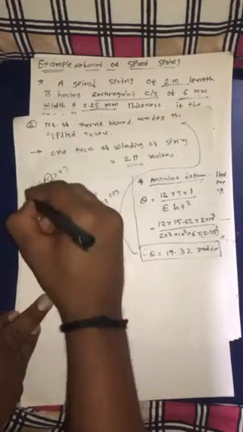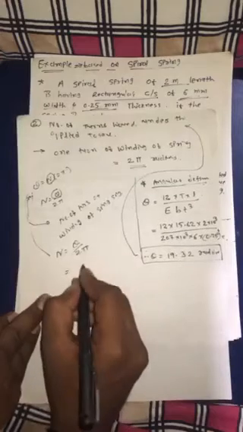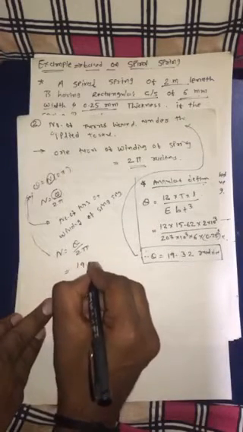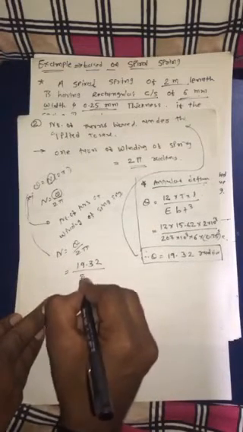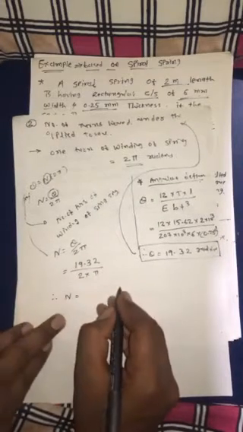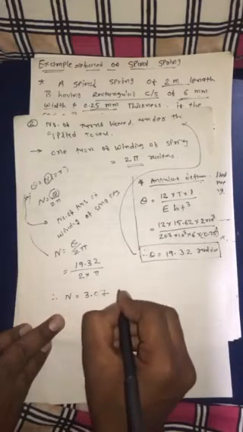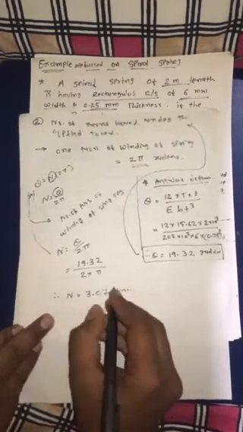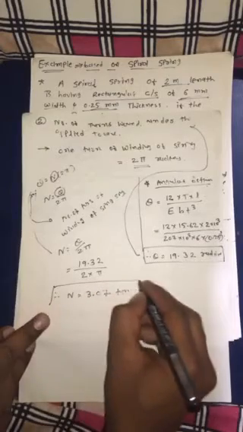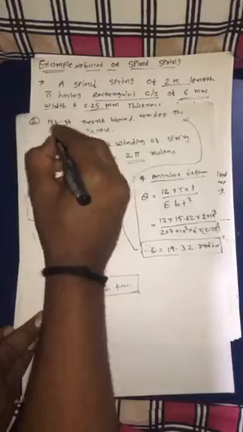We have the value of theta is equal to 19.32 and 2 into pi, so the number of turns n is equal to 3.07 turns. It is the solution number 2, number of turns.